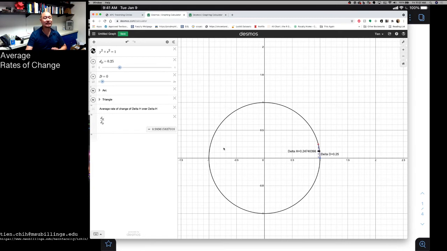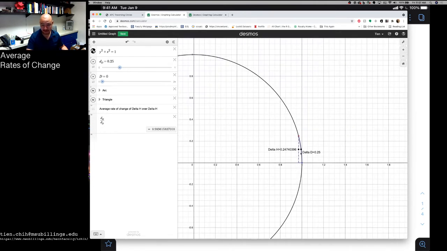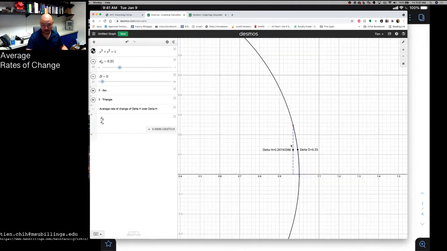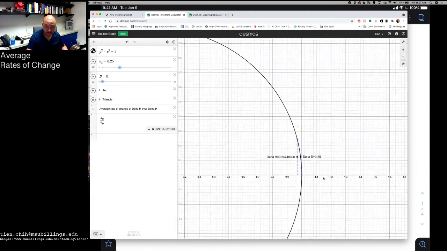And D sub D, that's going to be how far ahead I'm going to go next. So in this case, it's set to a quarter of a unit. So if you zoom in here, the length of this arc is like 1/4 of a unit across the circle.